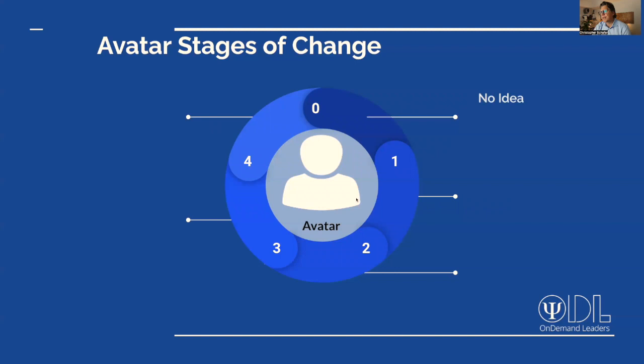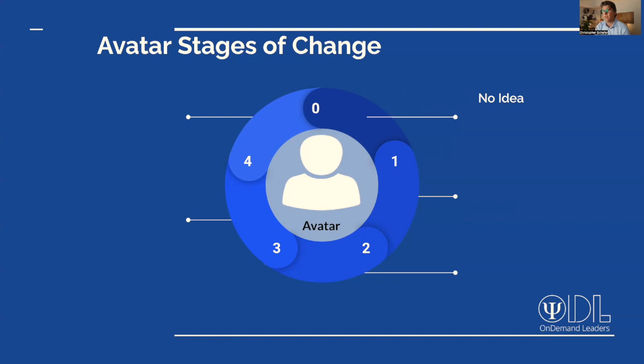Okay, so that first stage is no idea. And no idea, we really have to understand this. There are a lot of people that we work with that just jump right past the stage. And there is some relevance to it, especially how you approach them, what's the first interactions. But there is the state of no idea where your ideal buyer, your ideal client, your ideal partner for a long time, they don't know anything.